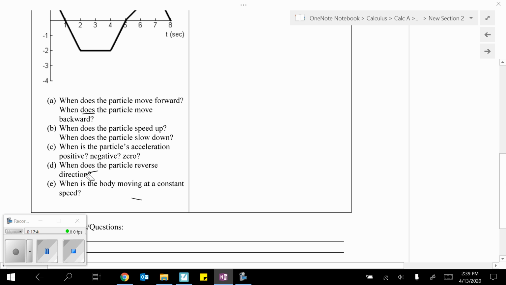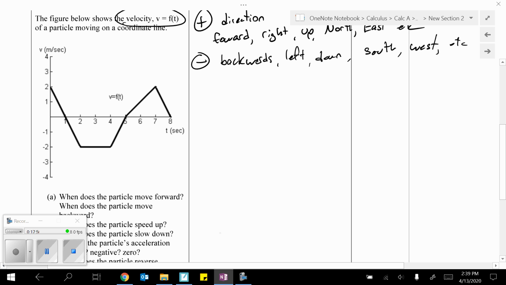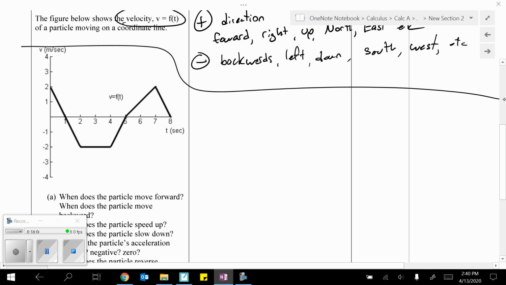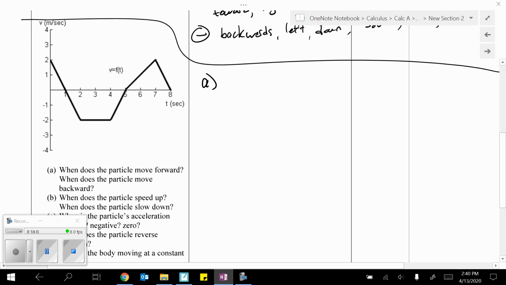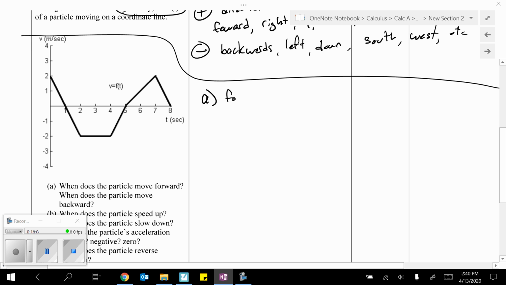Now remember, this is a velocity graph. So this is telling us not only how fast it is moving, but which way it's moving. So let's break it down. Let's answer the question. So A asks two things, forward and backwards. So this thing moves forward whenever it has a positive velocity, and that would be in the upper region here of the graph.